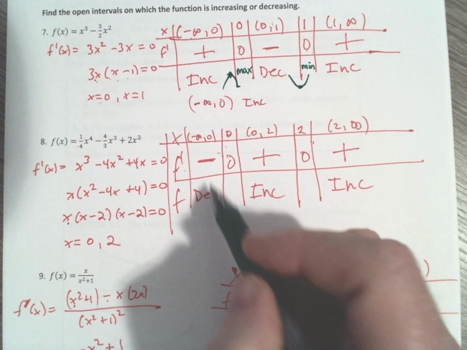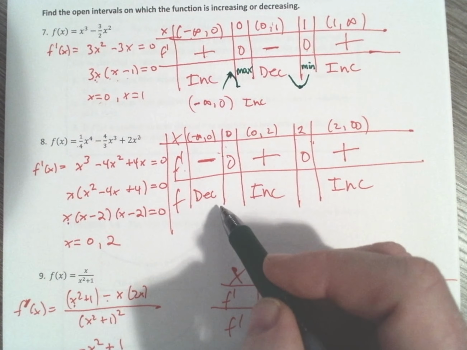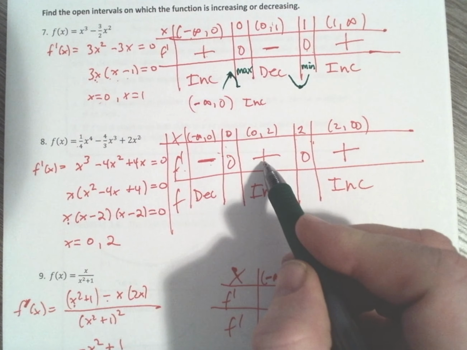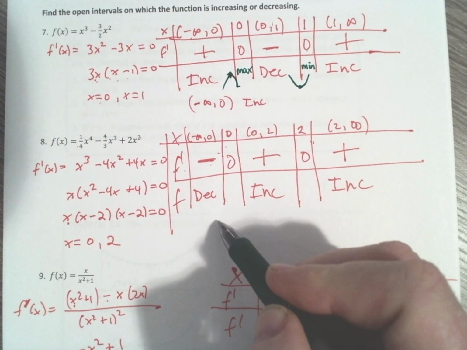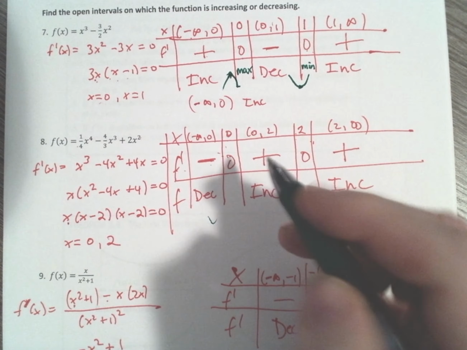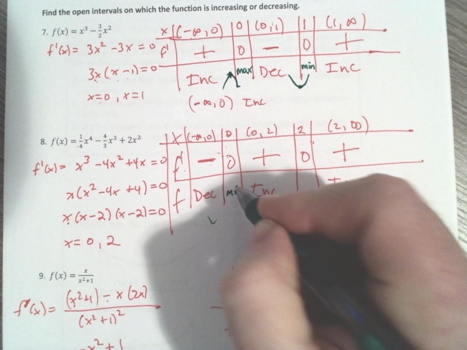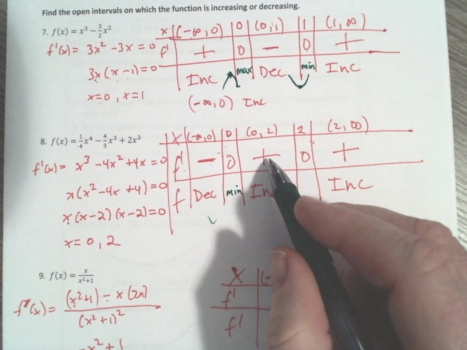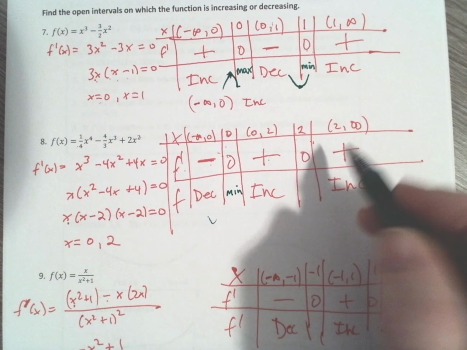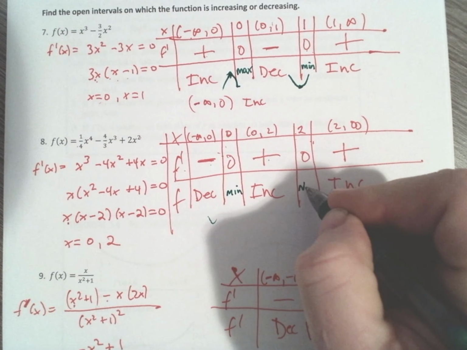So on the number 8 here, we're going from negative to positive, or decrease to increase, so we have a min. And here we're going from positive to positive, so therefore we will have neither.